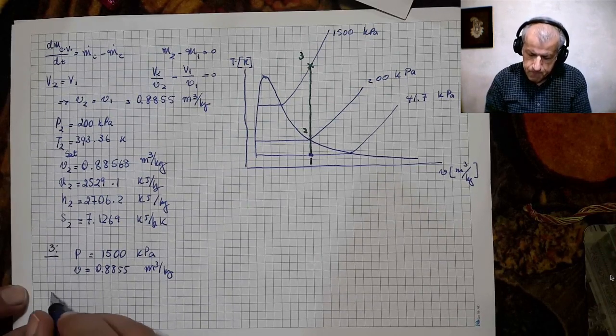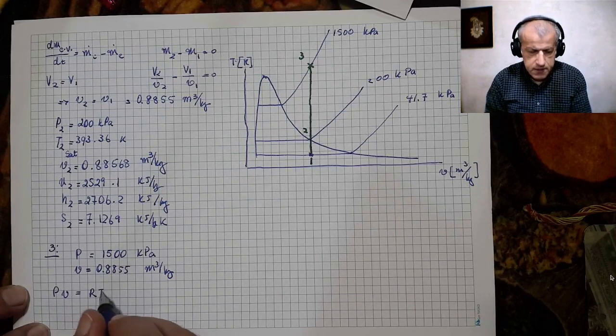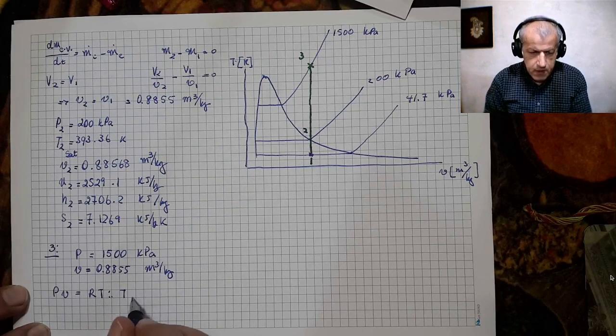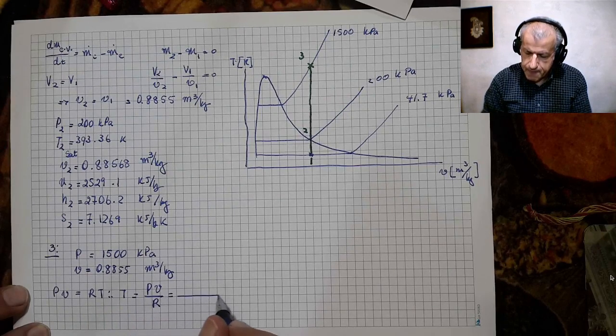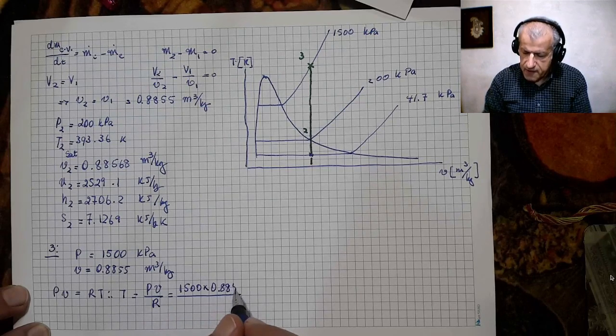PV equals RT, and therefore T equals PV divided by R, which is P, 1500, times V, which is 0.88568.